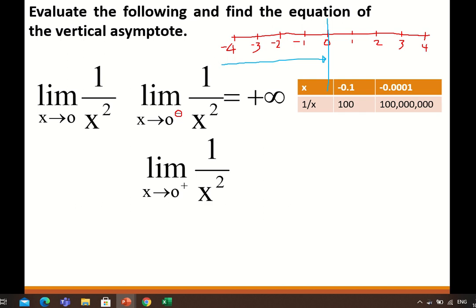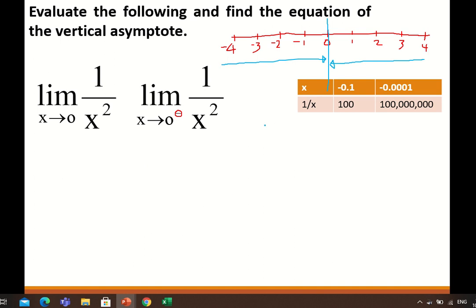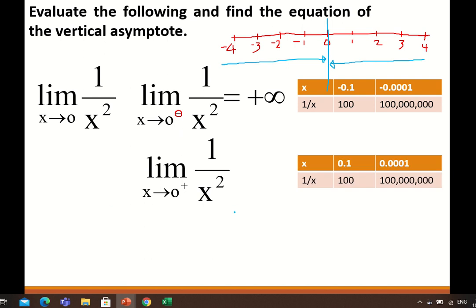Now how about the right hand limit? For the right hand limit, we are going to choose decreasing values for x. Say you take x equal to 4, you substitute it here, so 4 squared is 16, 1 over 16, then you have 3, so 1 over 3 squared, or 1 over 9, and so on, until you reach a very small value.